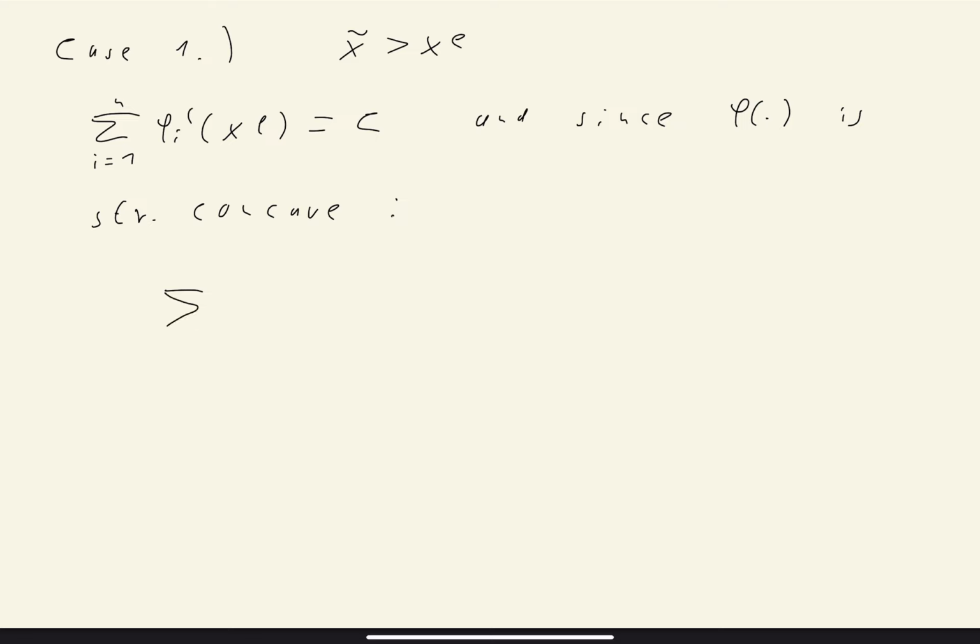We have that the sum of individual marginal utilities under the tilde allocation is strictly smaller than the sum of individual marginal utilities under the E allocation. So this follows due to strict concavity, because x E is larger than x tilde, and this is equal to C. So we will use this later.